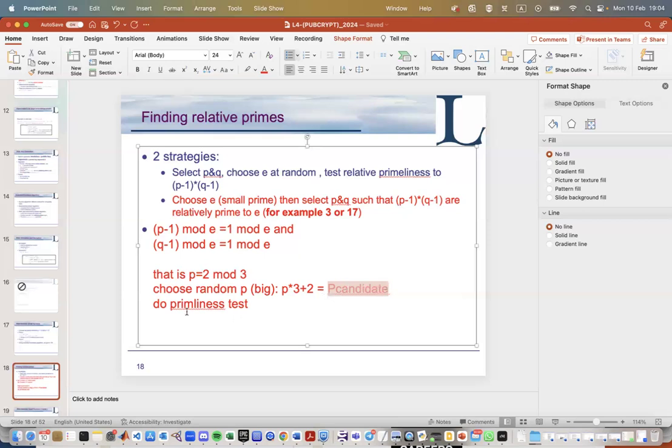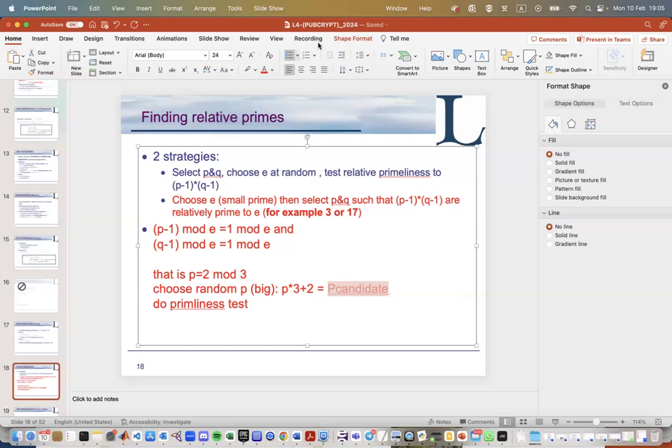And you run this primality test, the one that I showed you, the link, to verify if it is prime. And only then you generate your modulo n.